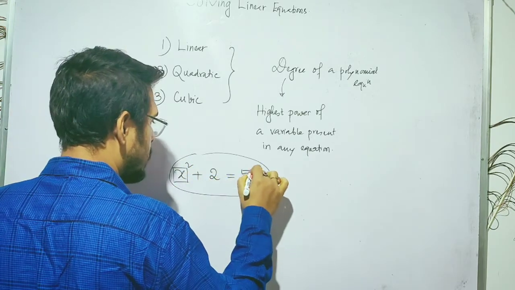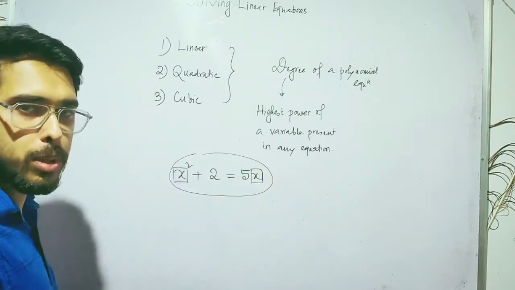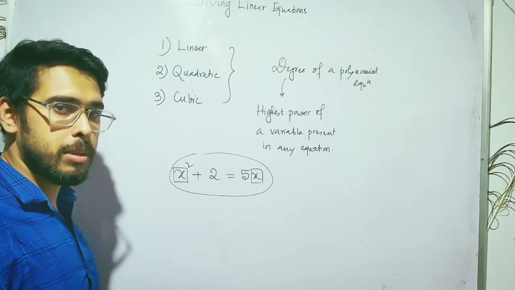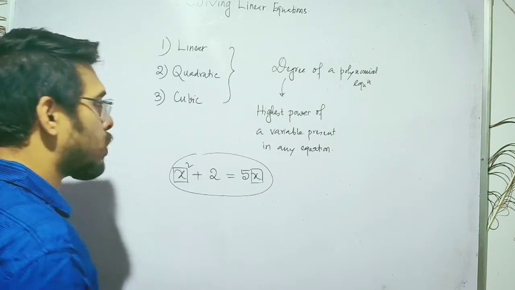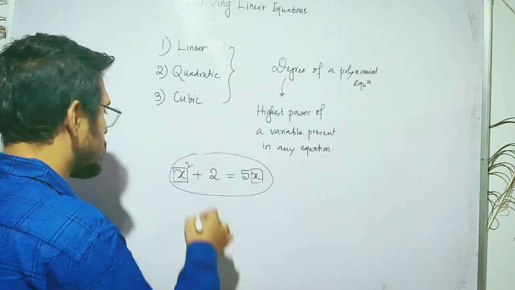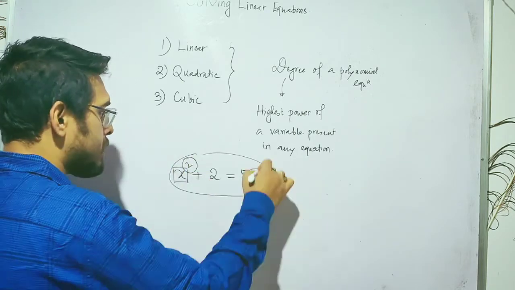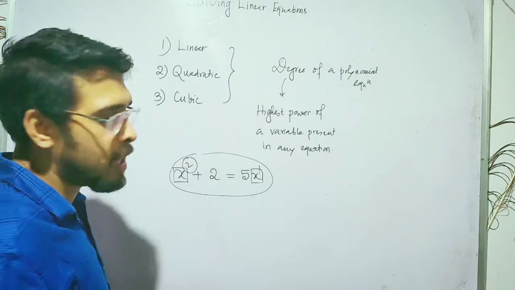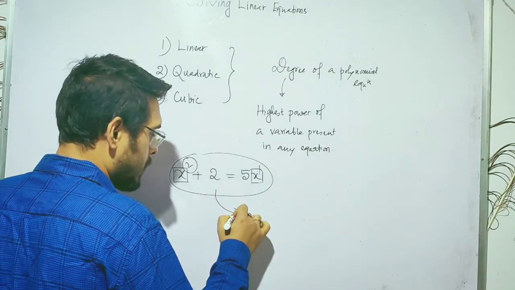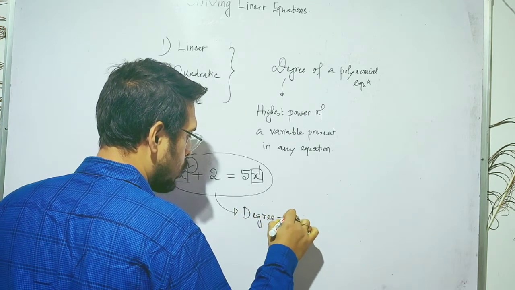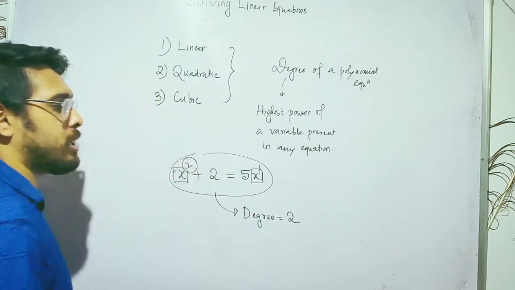You can see x here, you can see x here. There is no other variable. So when we have located the variable, the next thing is to find out the highest power of the variable. It is very clear that 2 is the highest power because the other one has a power of 1. So the degree of this polynomial equation will be 2 because the highest power is 2.